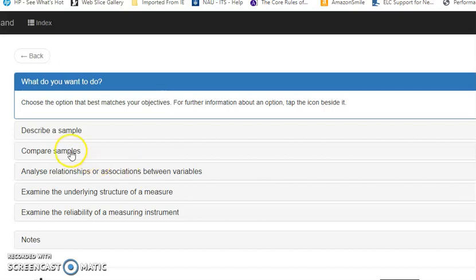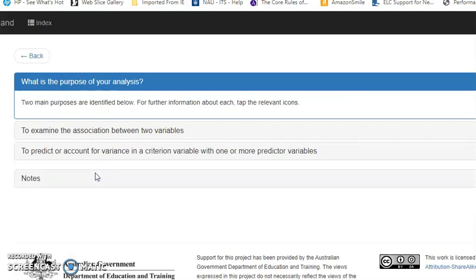If you're trying to compare samples or describe a sample. So you can explore this. Some of the language or jargon might be a little bit different for you, but it could give you an opportunity for practice.